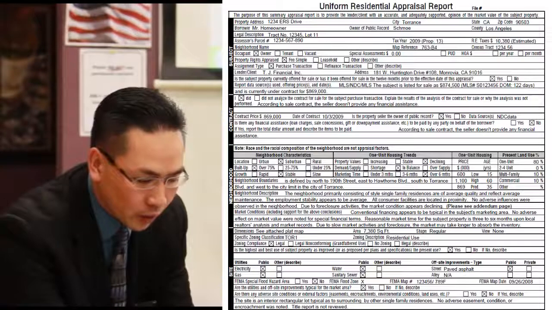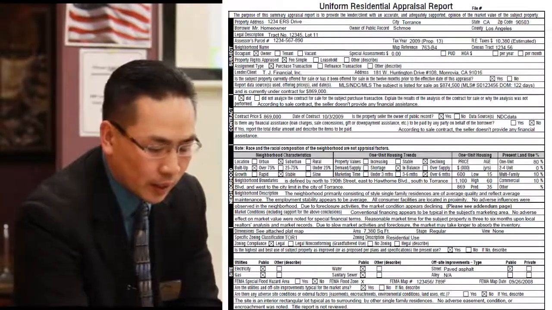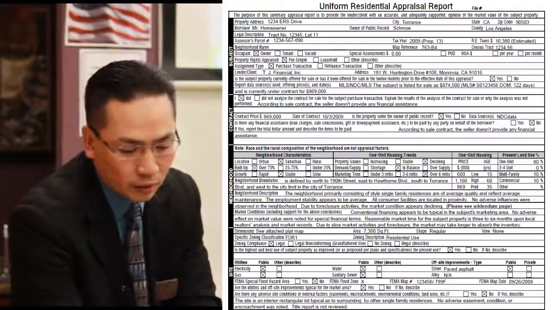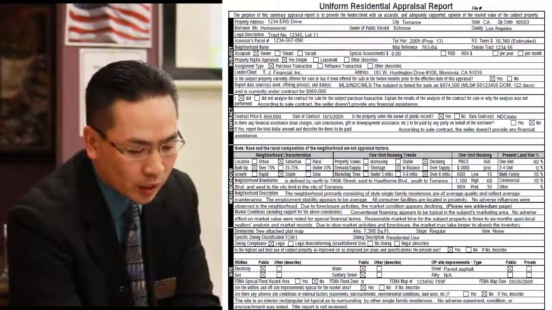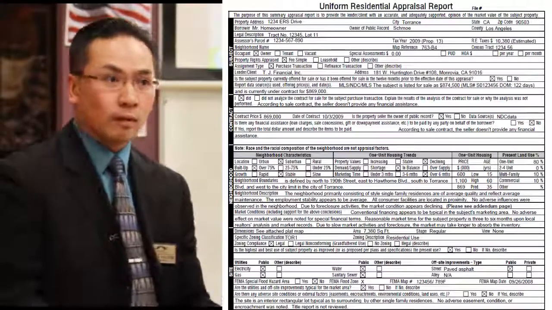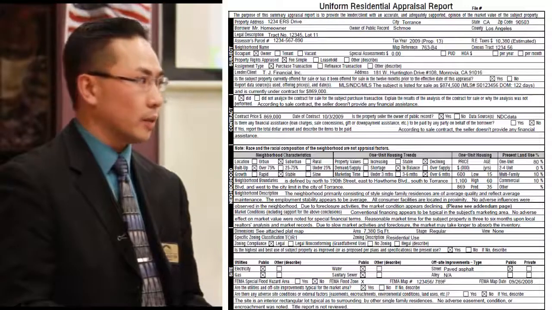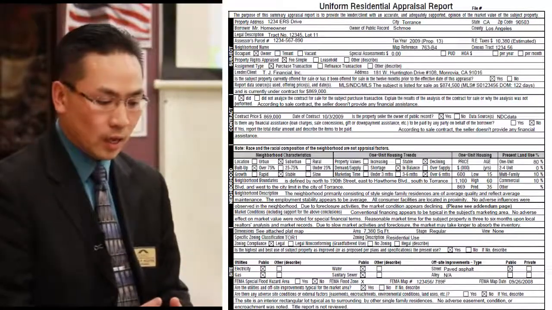On here, if you look at the zoning, a lot of times the zoning is usually 1, 3, 5. Every city and county has different zoning. What you're really looking for is, is it legal? Does it conform to building codes? Was it actually inspected by the city, and does it pass all the ordinances?